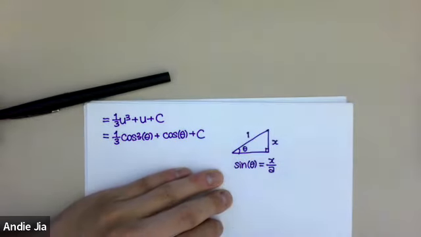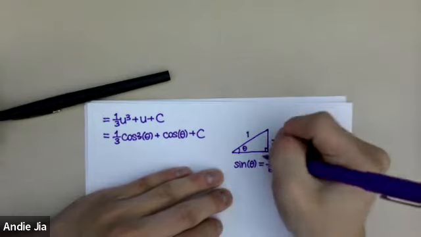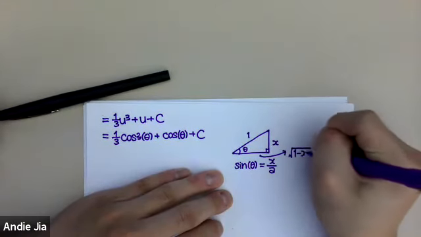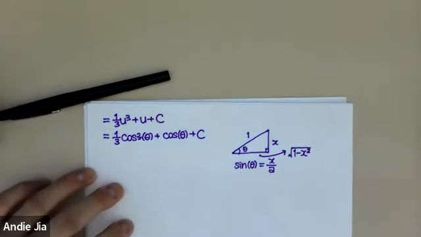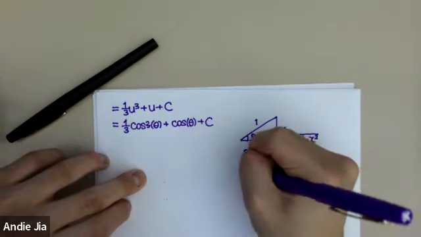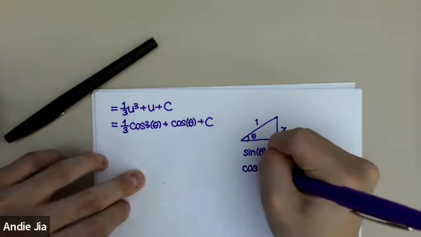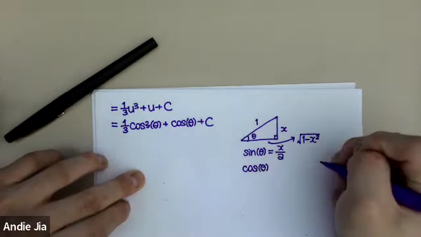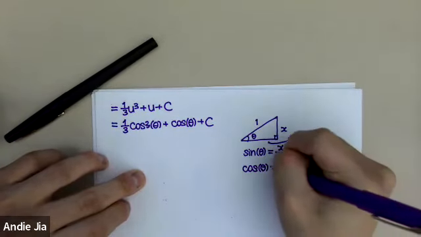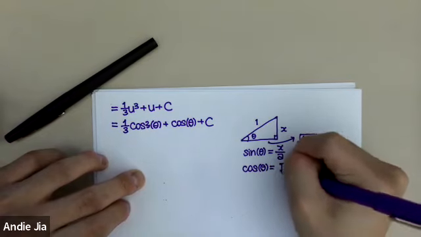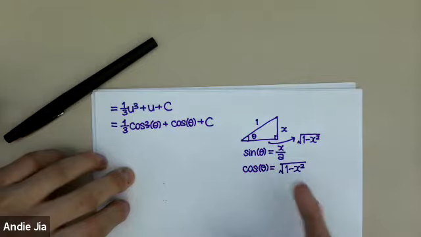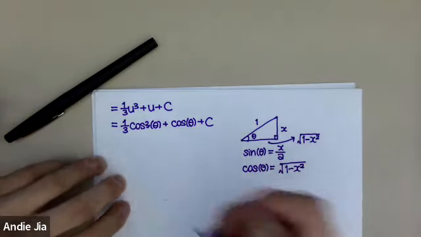So this side is going to be the radical of 1 minus x squared. And now cosine of theta is just going to be this side over this, so it's just going to be the radical of 1 minus x squared, because this over 1 is also this.